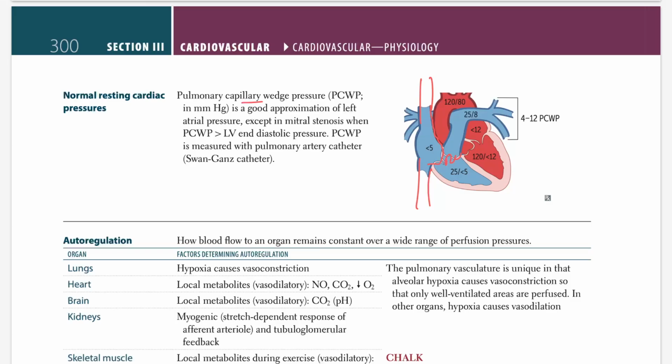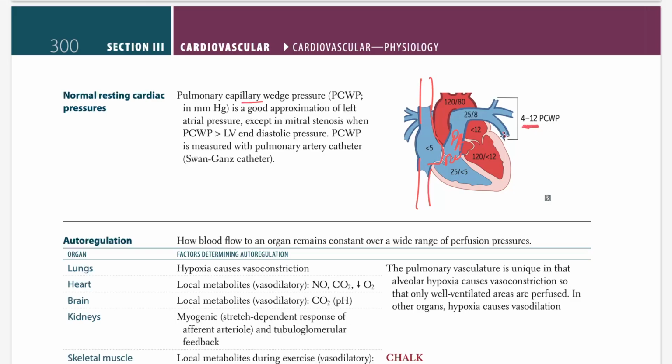When you go into the pulmonary artery and then pulmonary vessels, the pressure is going to be less than 25 over 8. And PCWP is going to be about 4 to 12.